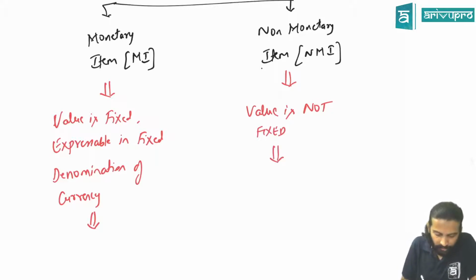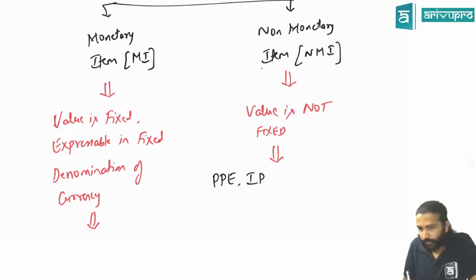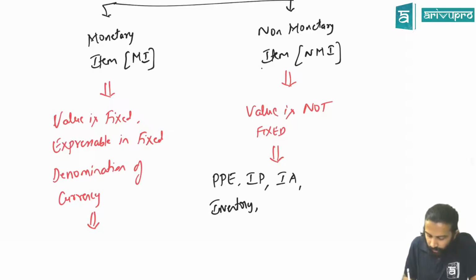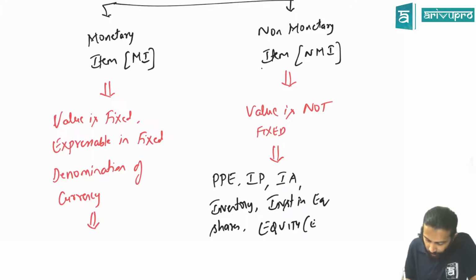Examples you can write: PPE, IP as in investment property, IA as in intangible assets, inventory, investment in equity shares, equity itself meaning equity share capital. That is a non-monetary item.